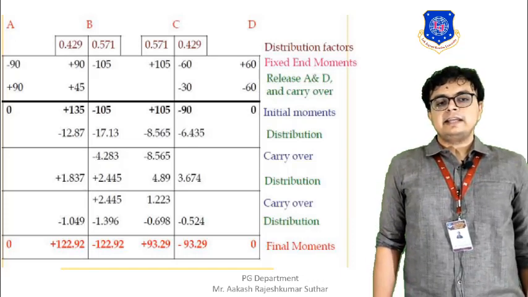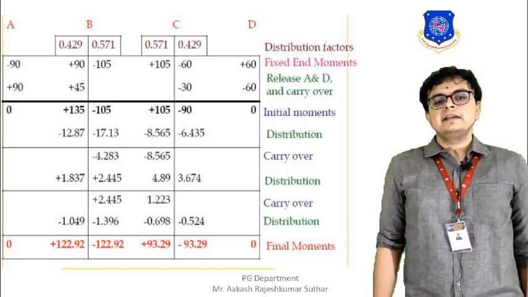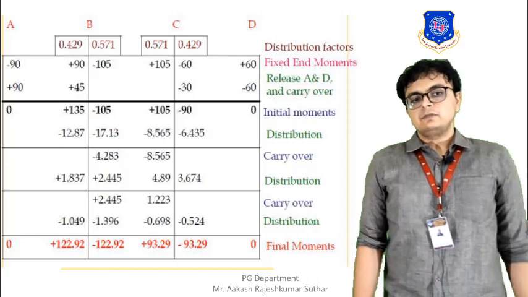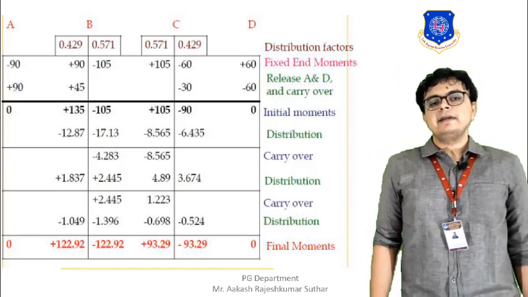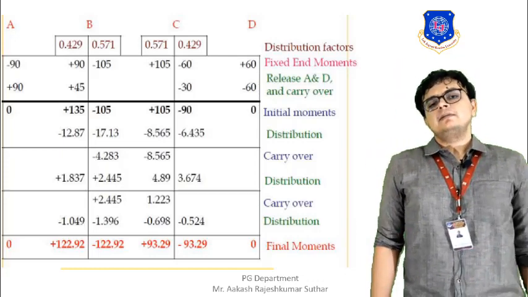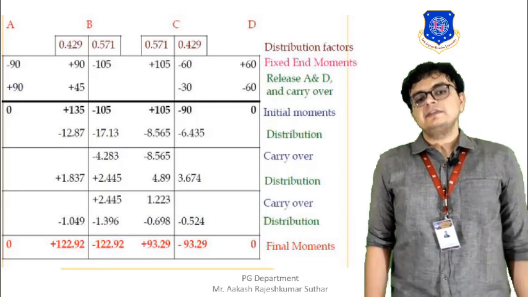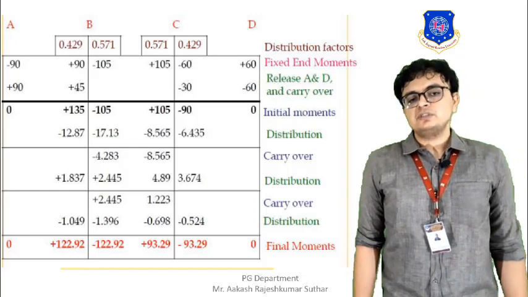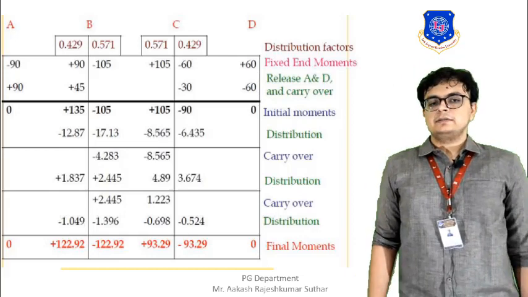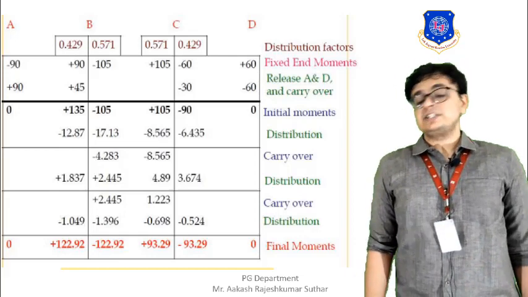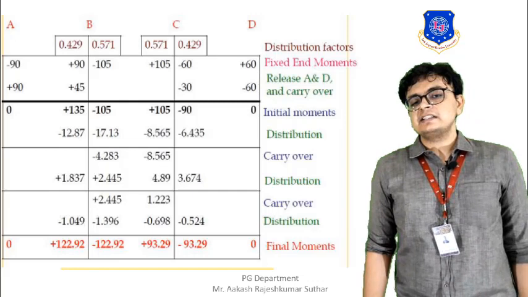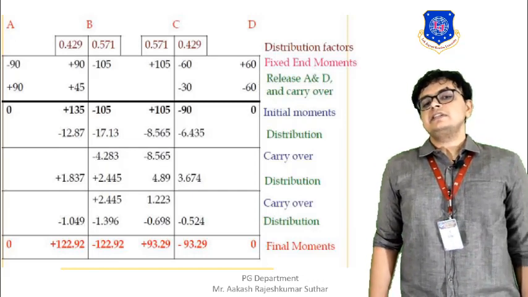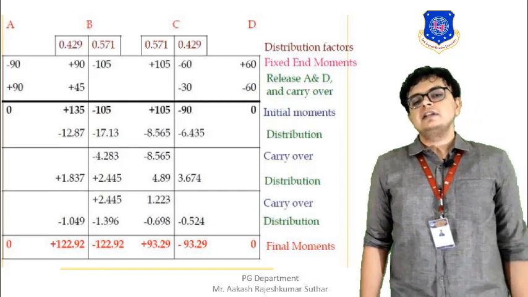For member BA, we have plus 90 kilonewton meter fixed end moment. For member BC, we have minus 105 kilonewton meter. For CB, we have plus 105. For CD span, we have minus 60, and for DC span, we have plus 60 kilonewton meter.